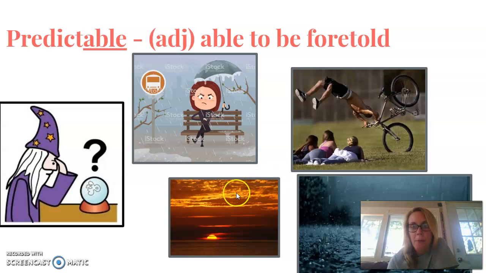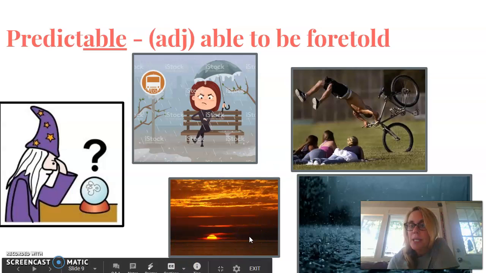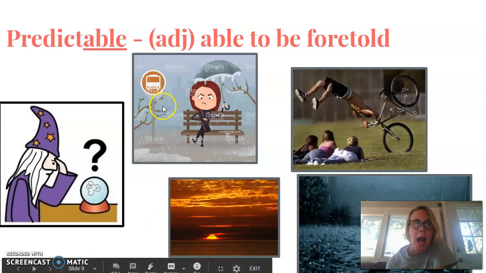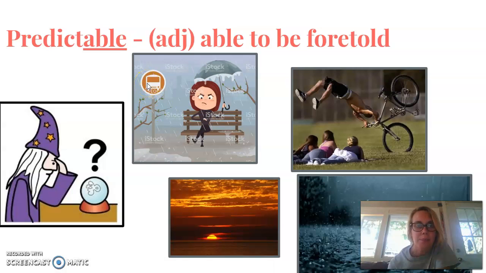So, for example, I know that every night there's going to be a sunset. A sunset is something that's predictable. I can speak about it and say that it's going to happen. I also know that when there's bad weather, the bus is usually late. It's predictable.